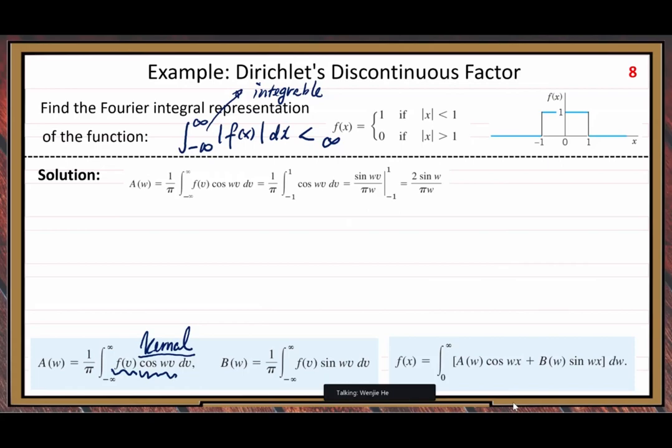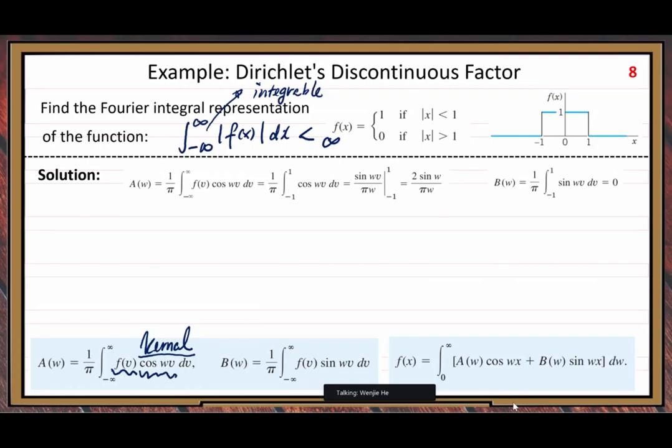Because it is piecewise constant, the integral is very simple. So the A function, then the B function. Look at the B function. It is 0, and we can easily see it's reasonable. The B function must be 0 because f is a perfect even function, and the sine function is an odd function.